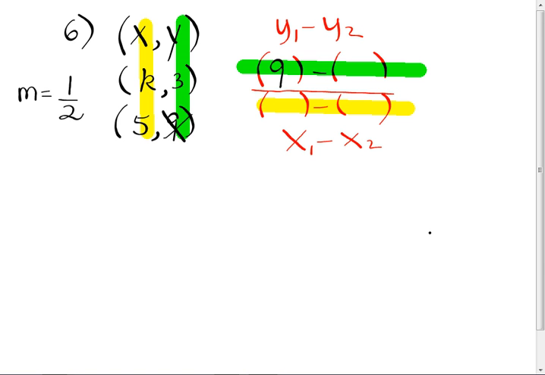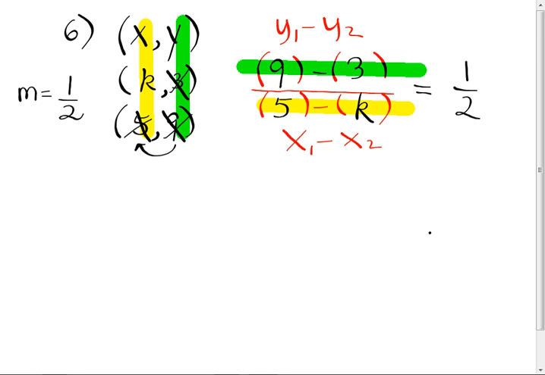Who goes here then? 3. Done. Now, 9 is paired with whom? 5. It's a matter of putting them in the right places. Okay, done. Who goes last? Who goes in here? Okay. And that's equal to 1/2.